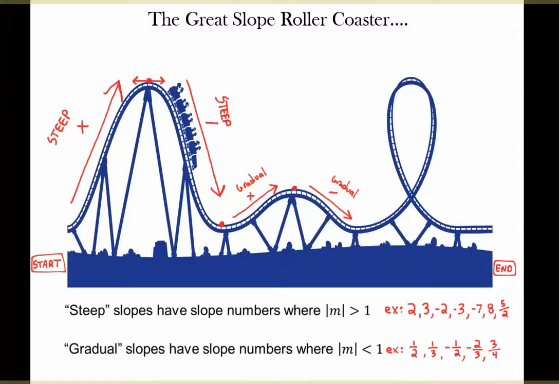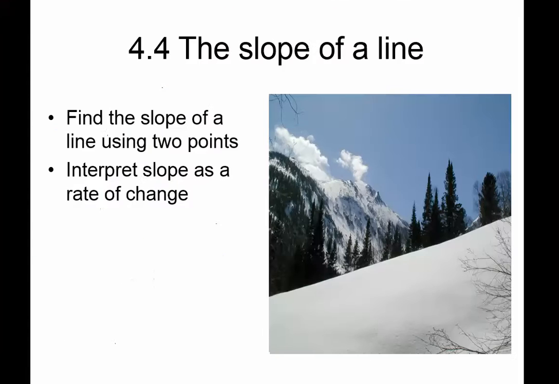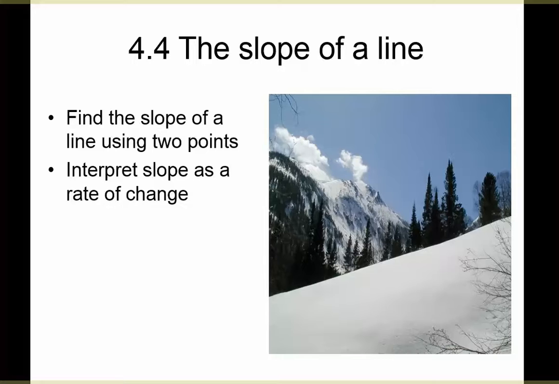Okay, so when you see a slope number, you should start to maybe even picture in your head what that graph might look like. And this is going to kind of mess with your head even when you're walking around town or you're out in nature. You might start thinking about slopes mathematically. For example, this guy right here, I would characterize as positive and gradual, as opposed to this guy right here.